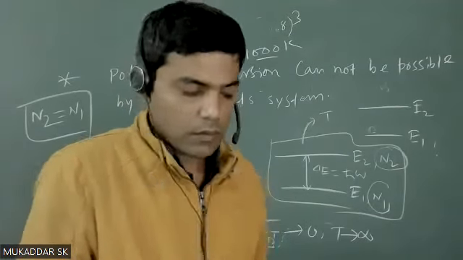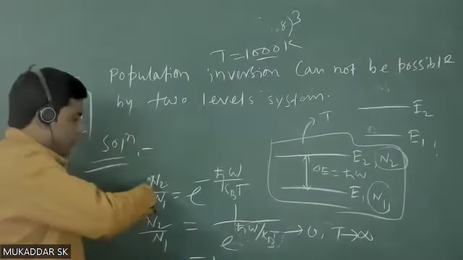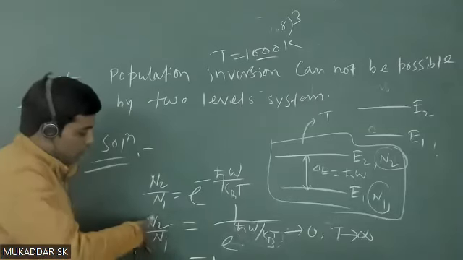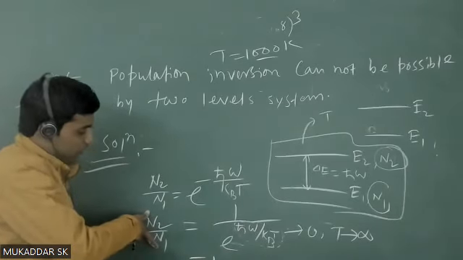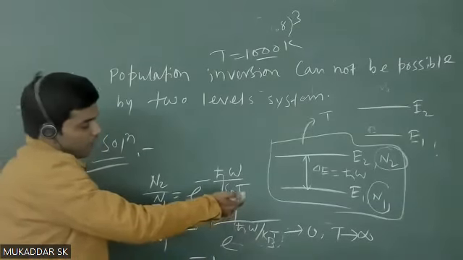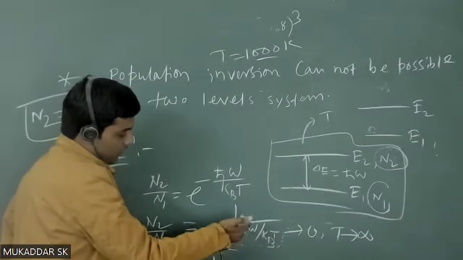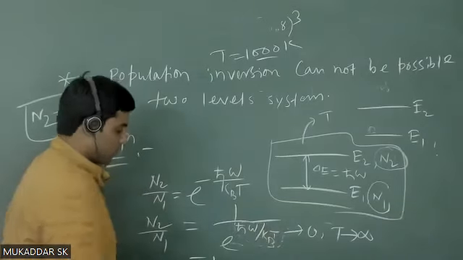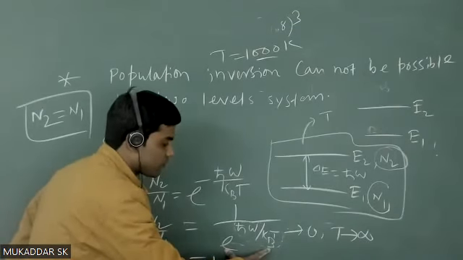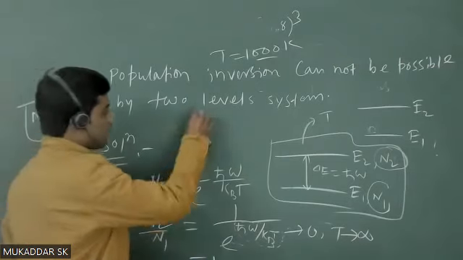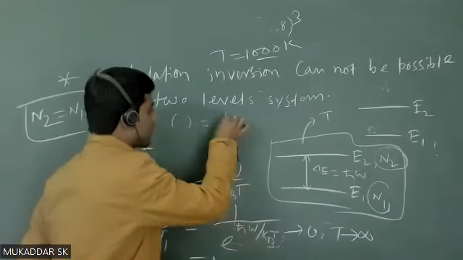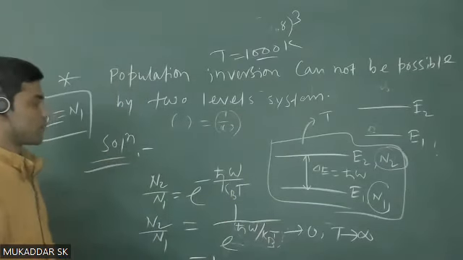Please explain that once again. Yes. So this formula you are familiar with, right? That ratio of population between the levels. Now, when is the maximum value of n2 by n1 possible? On the right hand side, what is there? 1 by exponential of h cross omega by kBT, right? So when is maximum n2 by n1 possible? When the term in the denominator is minimum, right? It is 1 by something, so only when the denominator is small will the total be maximum.